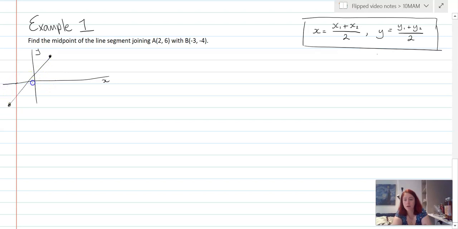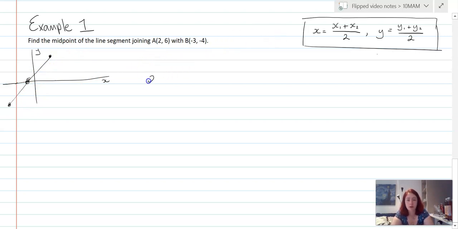So we're looking for the midpoint, which we think should be around there. So it's likely to have a negative value of x, but obviously that's a rough sketch, so we don't need to worry about it too much. It just helps you visualize what it might look like.